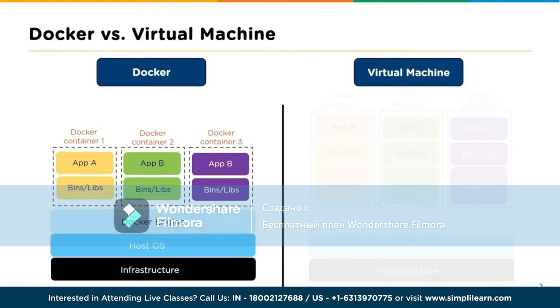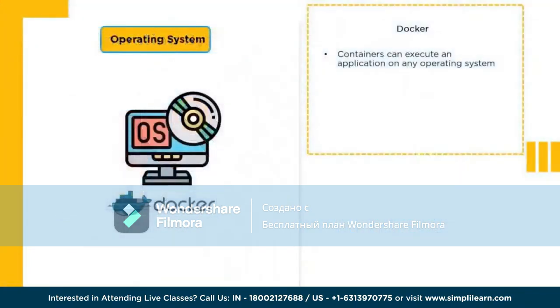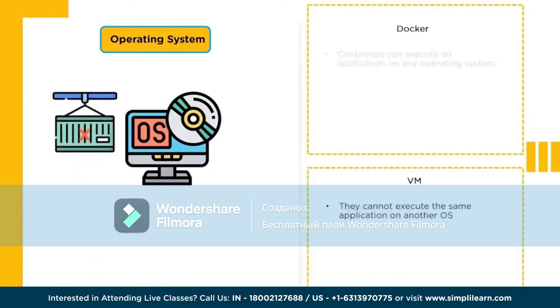Now, let's have a look at the significant differences between Docker and virtual machine. Let's start with the operating system first. Docker is a container-based model where containers are software packages used for executing an application on any operating system. On the other side, virtual machine is a hypervisor-based model. It utilizes user space along with the kernel space of the operating system.